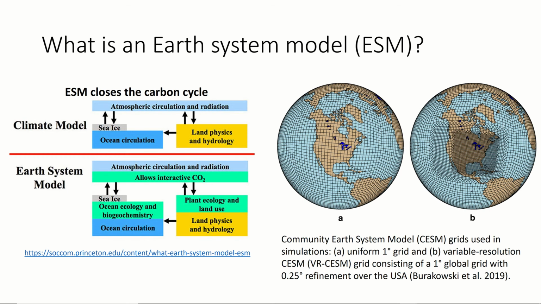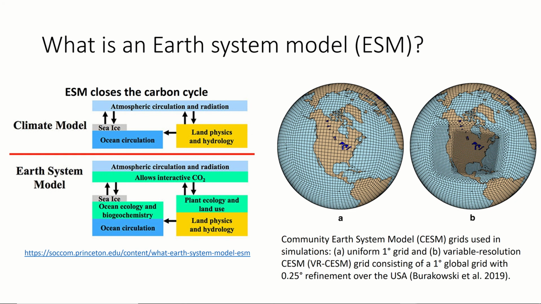Okay, so what is an Earth system model? To understand what an Earth system model is, we need to know the difference between a climate model or a circulation model, like a general circulation model, an ocean circulation model, and an Earth system model.